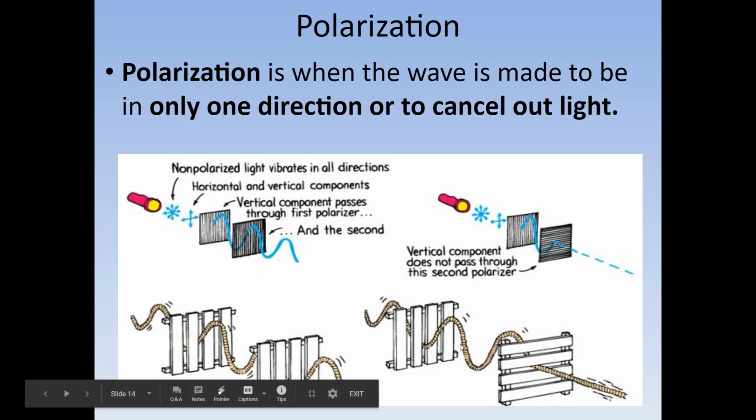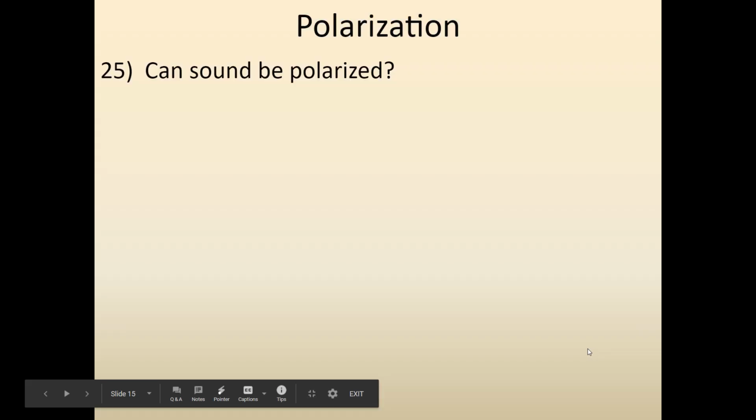Same thing here. If we send a wave through a vertical picket fence and then we have a horizontal fence next to it, the horizontal parts will actually block out this vertical component and we get left with nothing. So again, polarization is just a filter.